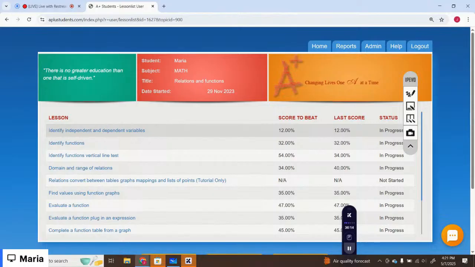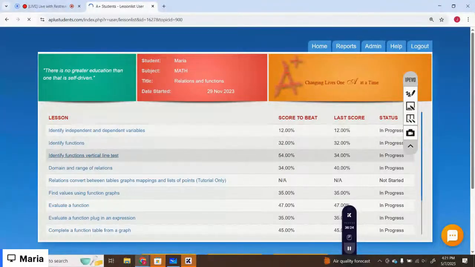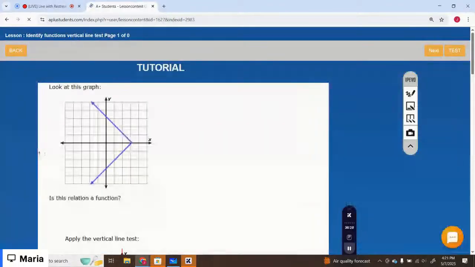Identify functions: vertical line test. Let's just start with the lesson. Look at this graph.